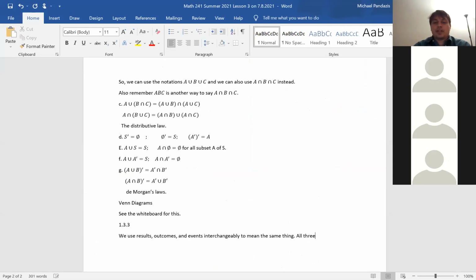All three words or terms mean a subset of the sample space.